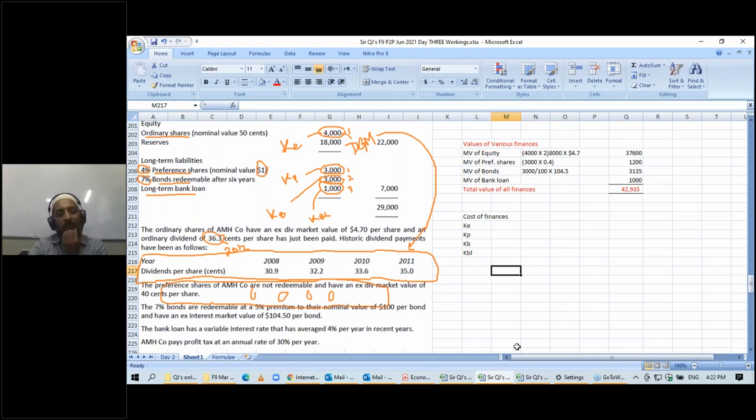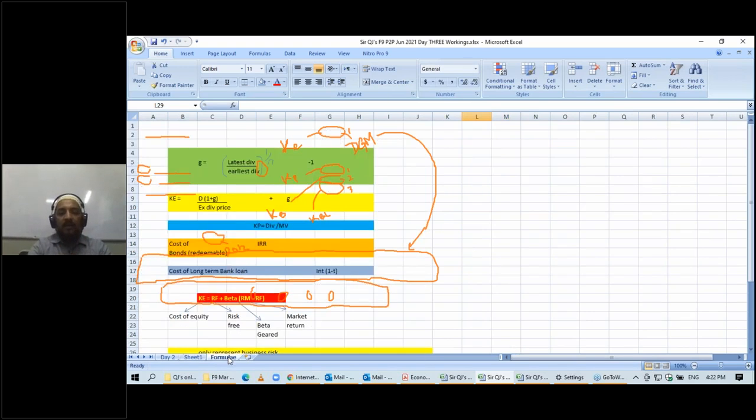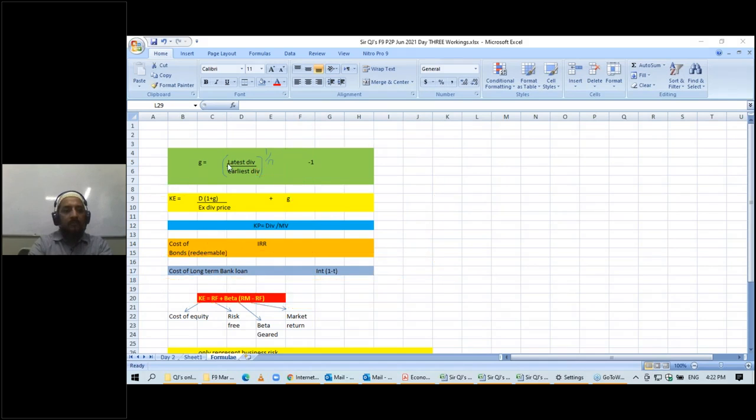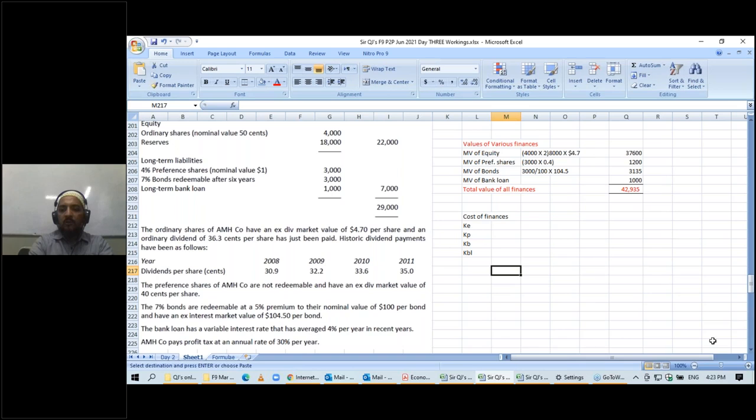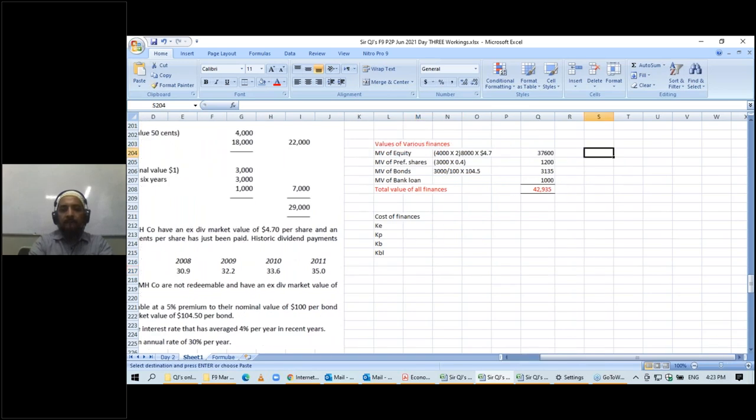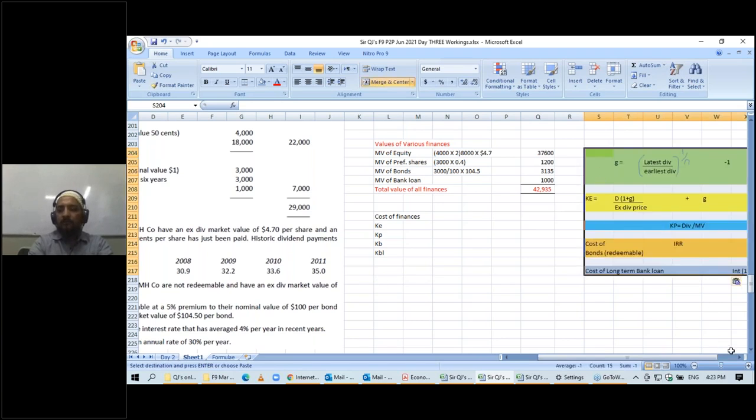Let me give you the formulae for these calculations. We'll be using these formulae for calculating these costs.